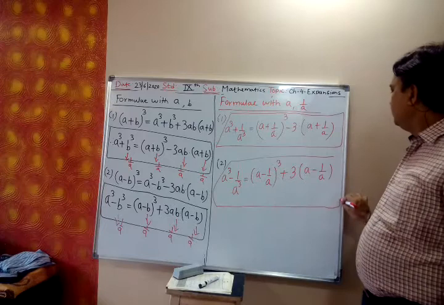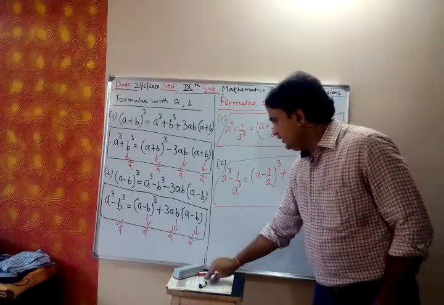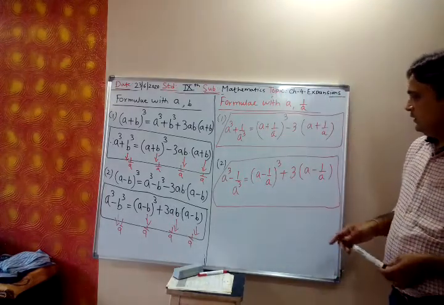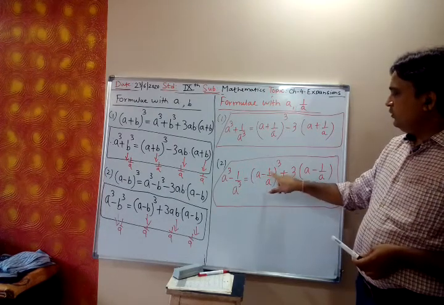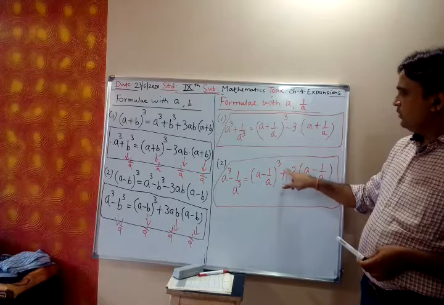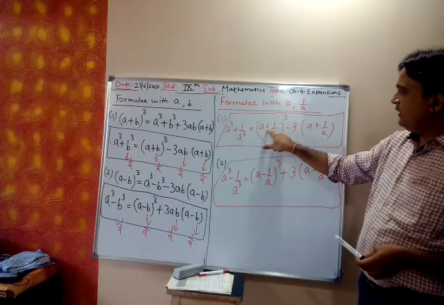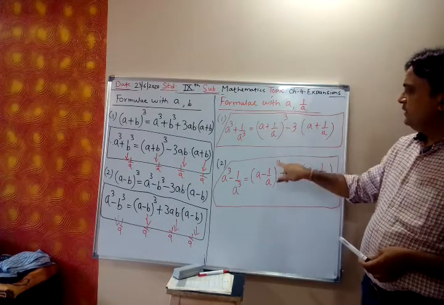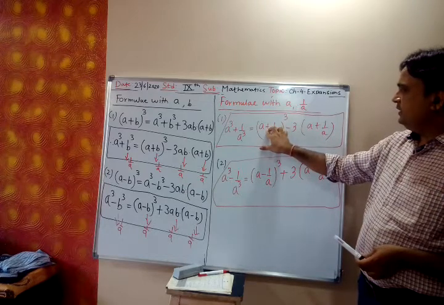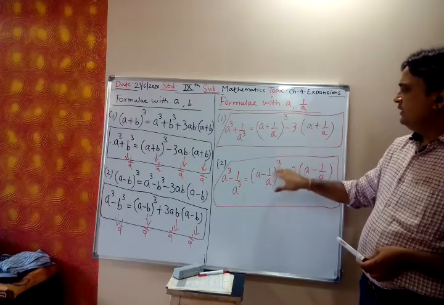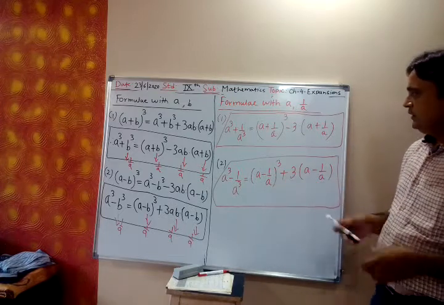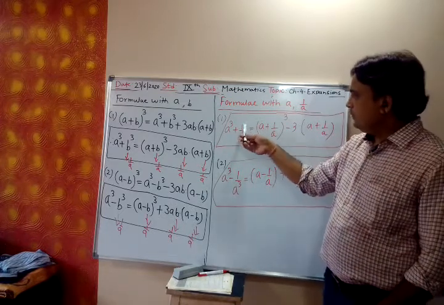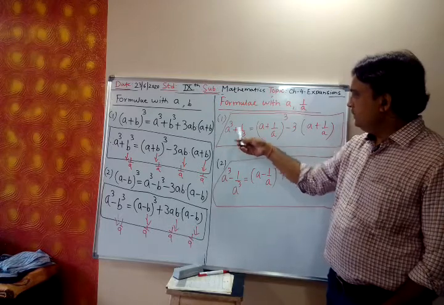And what is important in these two? When it is inside bracket we have minus sign, outside I have plus. When inside bracket there is plus sign, outside I have minus. So when it is a cube plus 1 upon a cube, we have a plus 1 upon a.